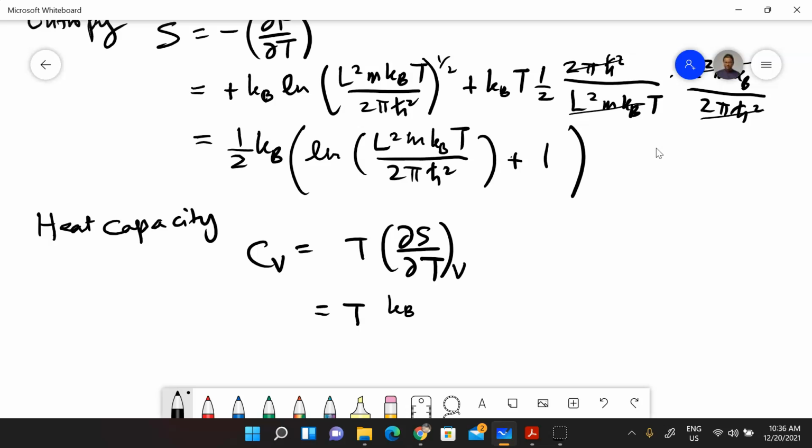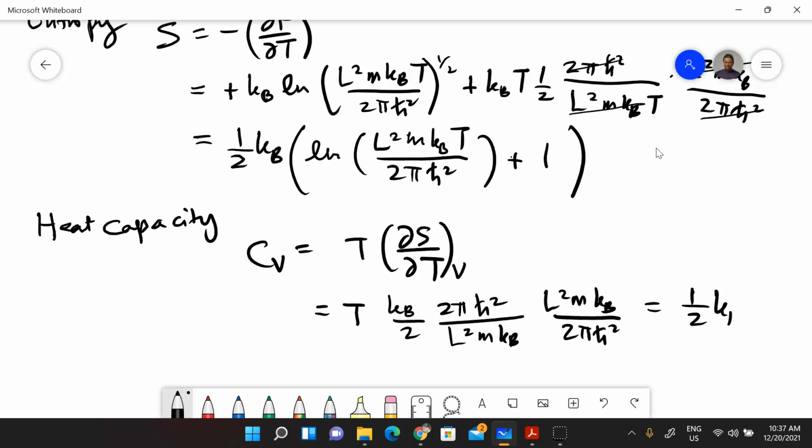Then again, it's the same kind of thing. You have the log that you need to differentiate, so 2 pi h bar squared on L squared m k_B T, and then differentiating the linear function there, I will have L squared m k_B divided by 2 pi h bar squared, and this will just give me half k_B. Where did the T disappear?